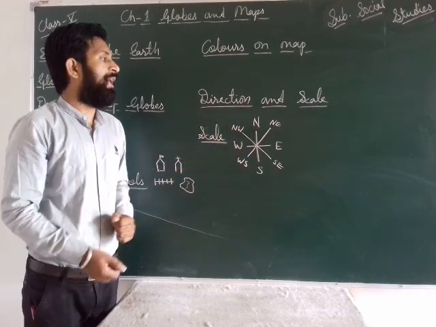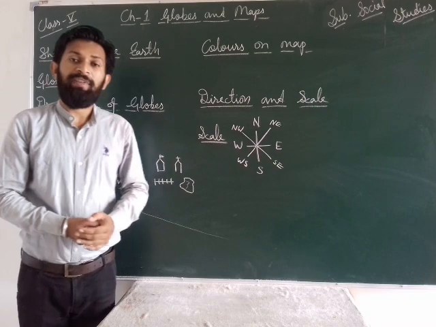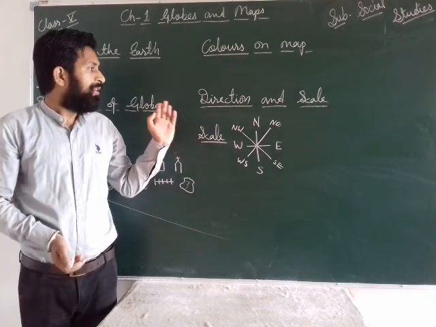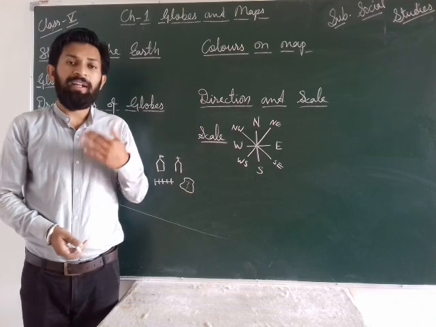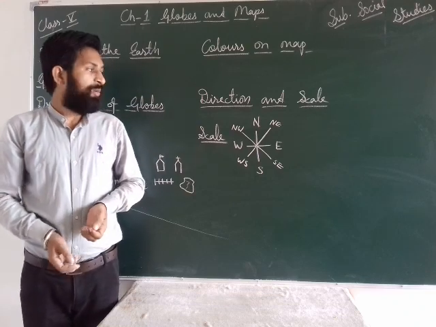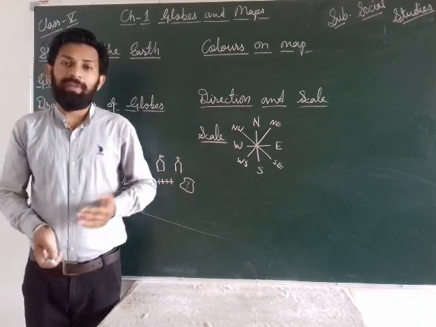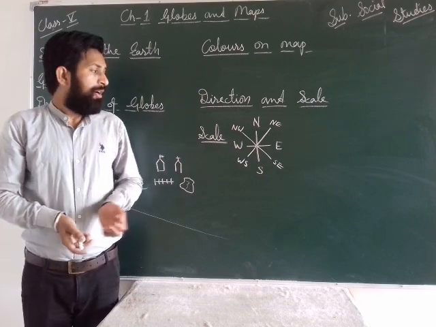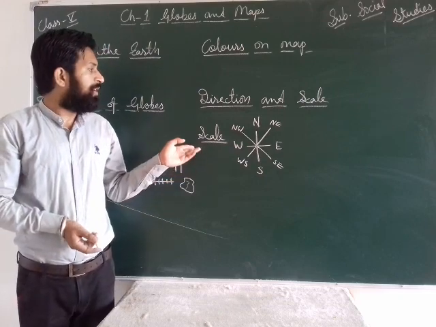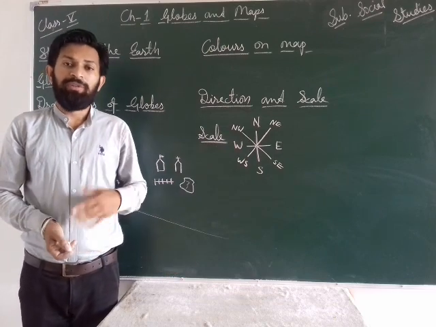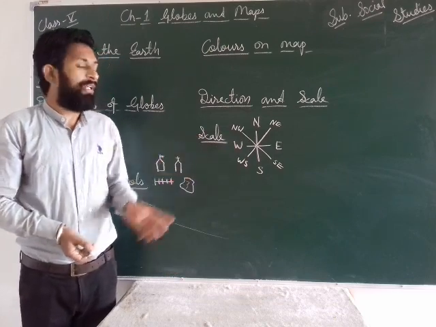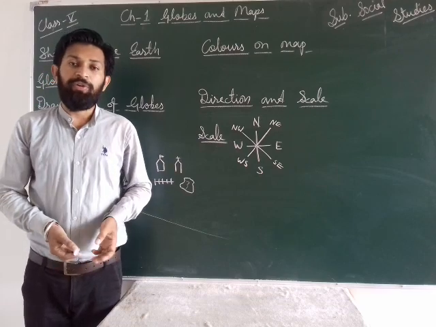Now we will talk about scale. Scale is very important for representing the area on the map. Because of that, the real or actual distances can't be shown on the map, because a map is a limited area, and on that map we couldn't represent the actual distance. So at that time we are using a scale for representing that type of distance with a smaller unit.